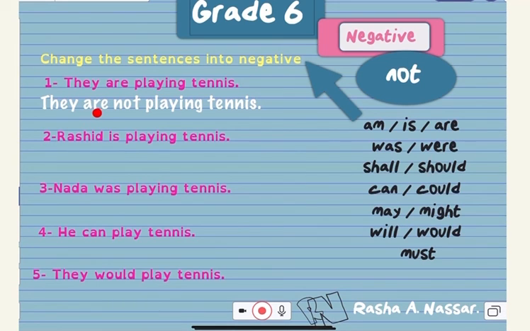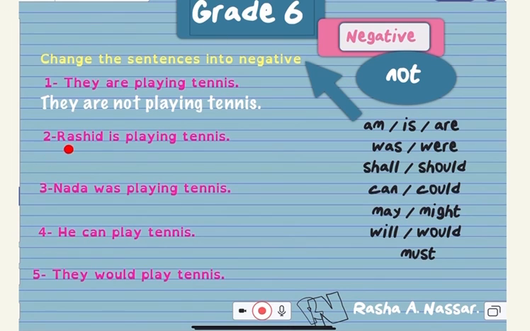Again, they are not playing tennis. So what happened? I just put not after are. When I see any of these helping verbs, I will use only not when I want to change it into negative.